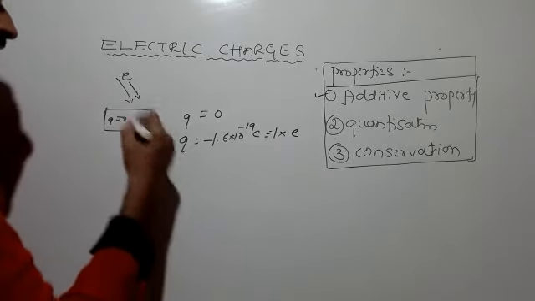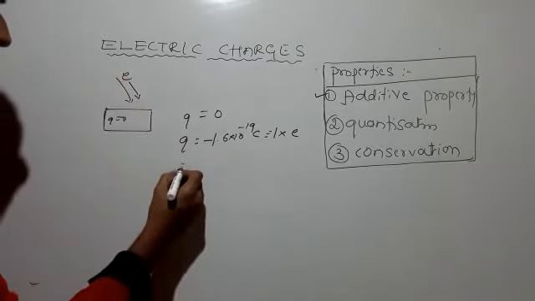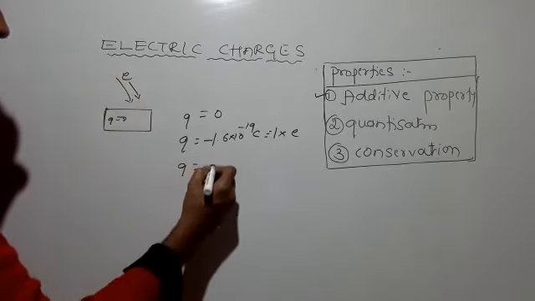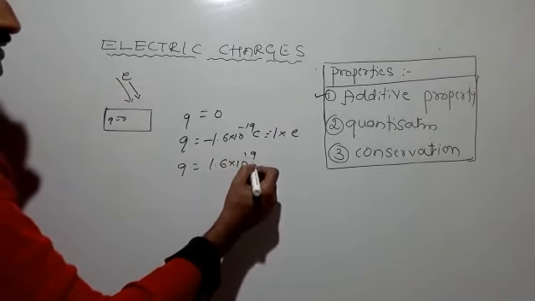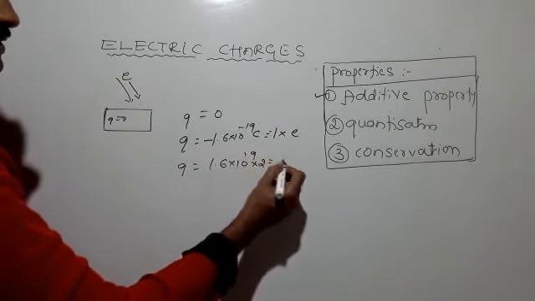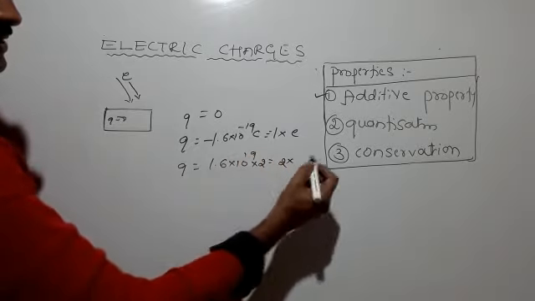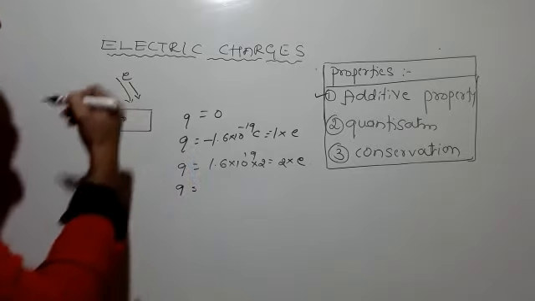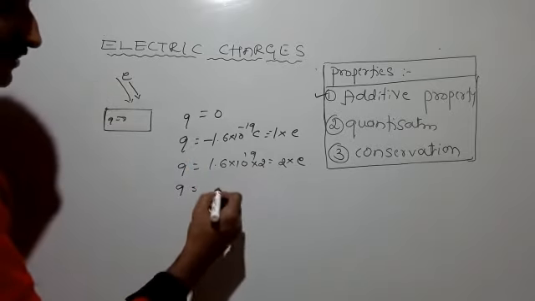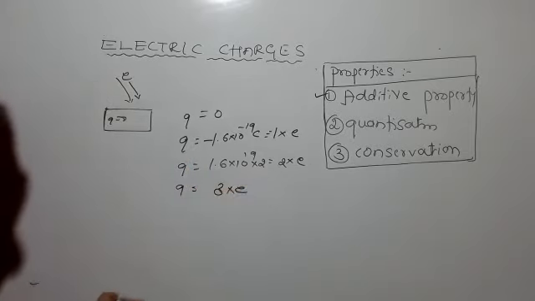Similarly, if I add one more electron, then the charge of the conductor becomes 1.6 into 10 raised to minus 19 into 2, that is 2 into the electronic charge. Similarly, if you add 3 electrons, this becomes 3 into e.